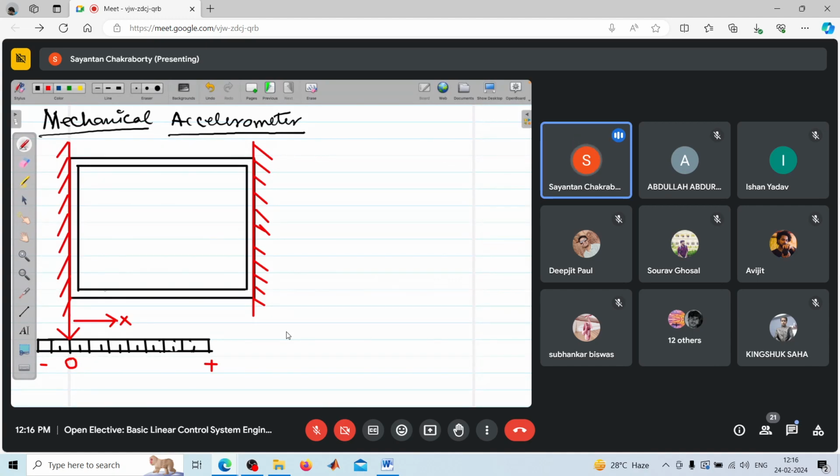And now within this frame, what we have is a mass, a dashpot, and a spring.